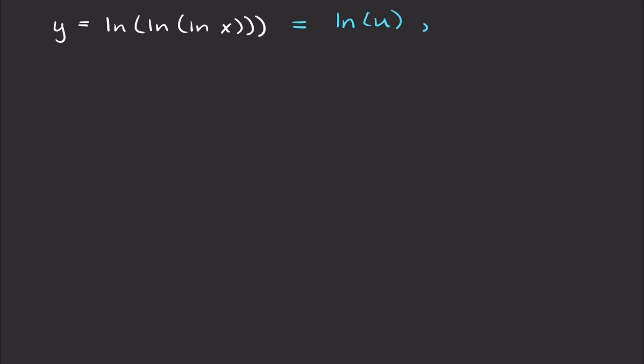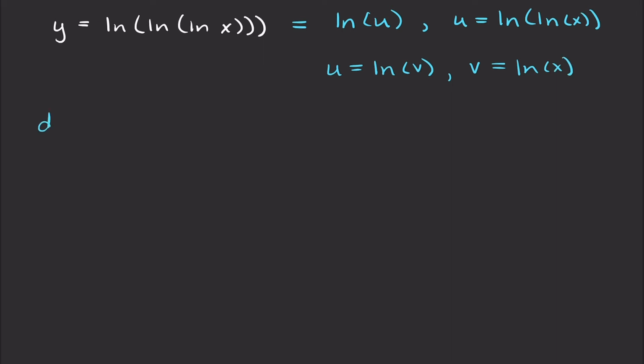In order to do that, u will have to be the natural log of the natural log of x. But I want to do this again, so I'm going to do kind of a nested chain rule. I'm going to do the chain rule again. So I want to write u as the natural log of some function v, and so for that I need v to be the natural log of x.